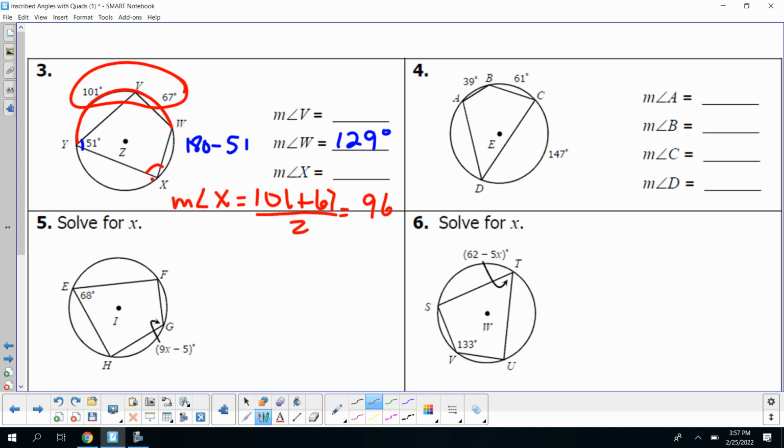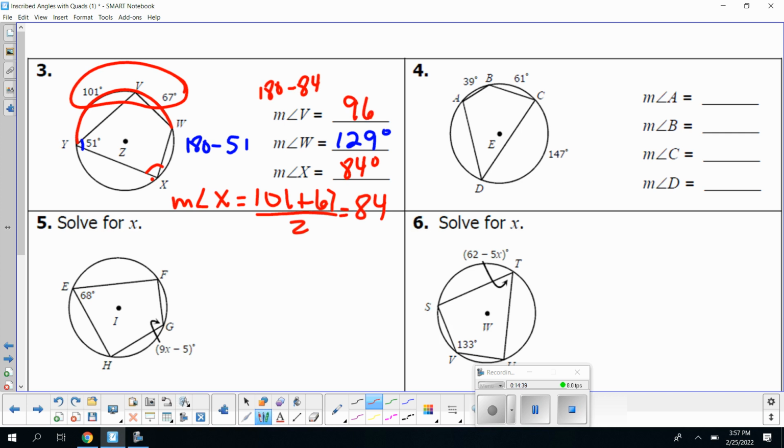So the measurement of angle X is 96. Sorry about that. The measurement of angle X is going to be 84. So 84 degrees. And then for measurement of angle V, I'm going to do 180 minus 84. And that's going to give me that 96 that I was talking about there. Okay?